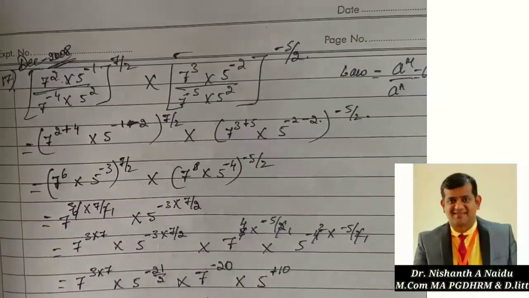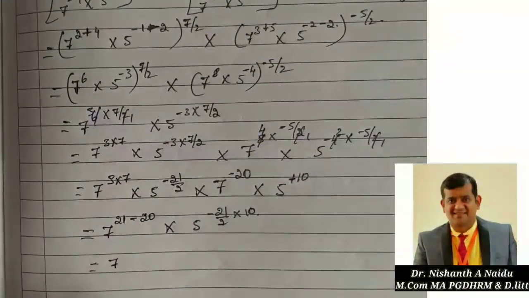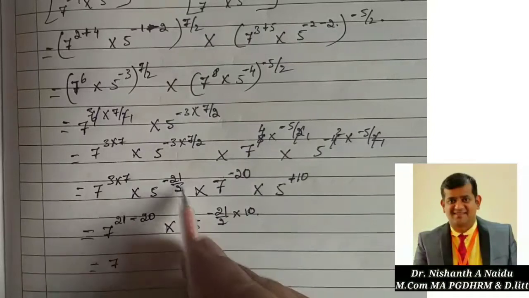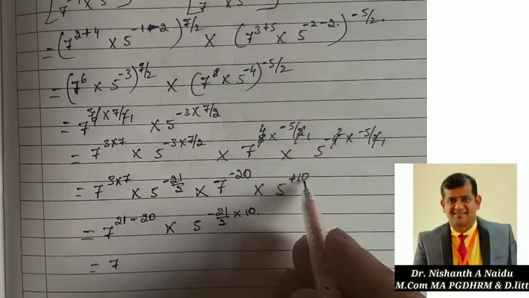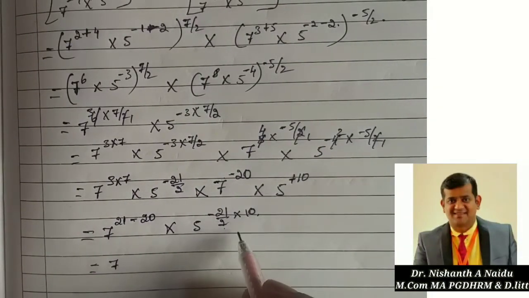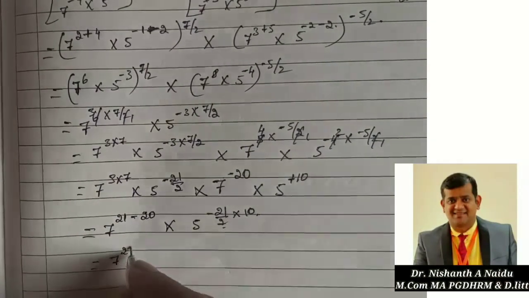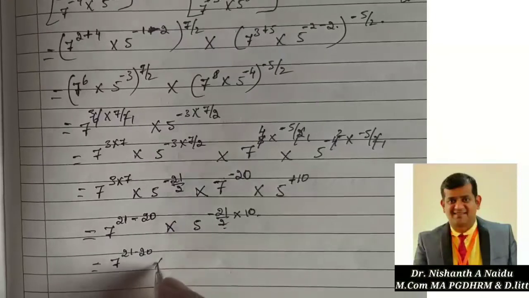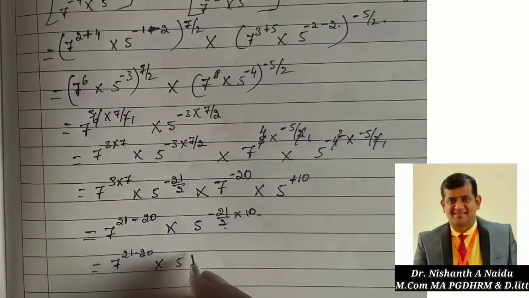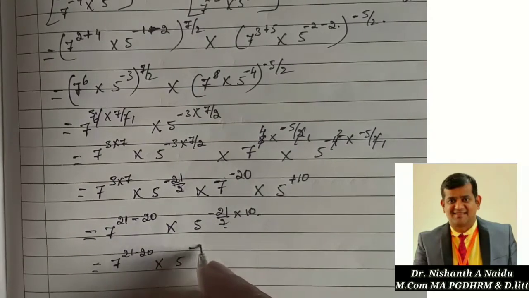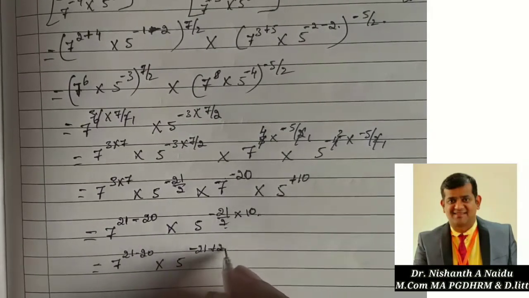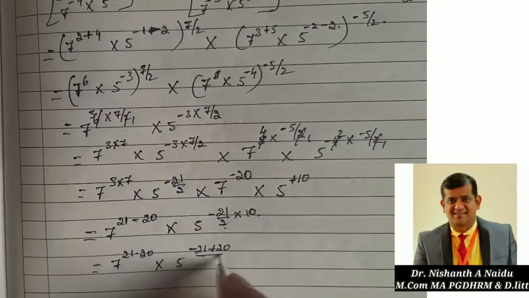I am adding one more step for you people so that you can understand: 5 to the power of minus 21 plus 20 divided by 2.